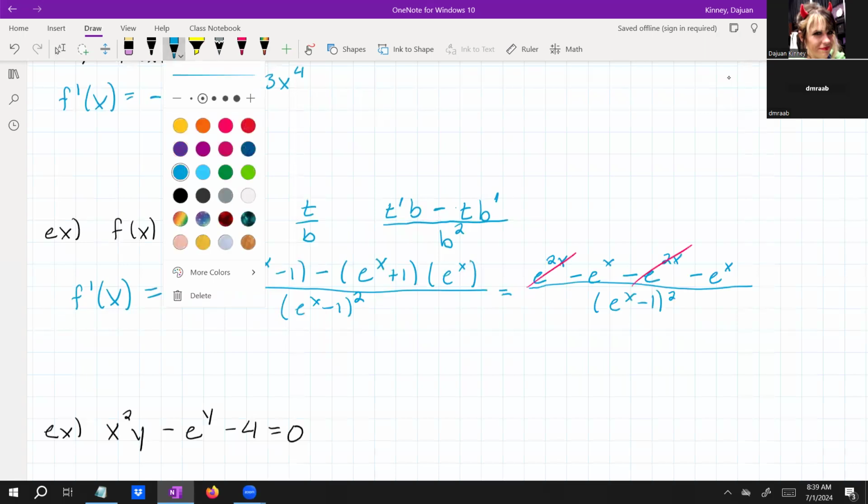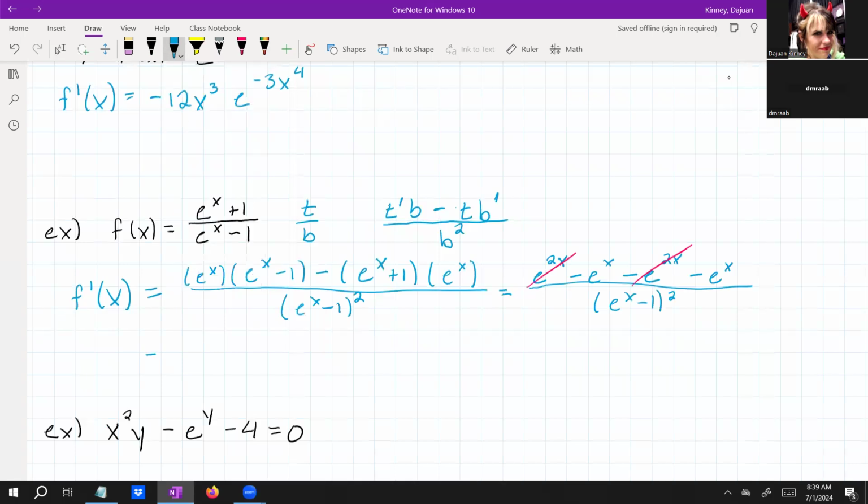Sound effects help. Yes, thank you. Which is just negative 2 e to the x all over e to the x minus 1 quantity squared.